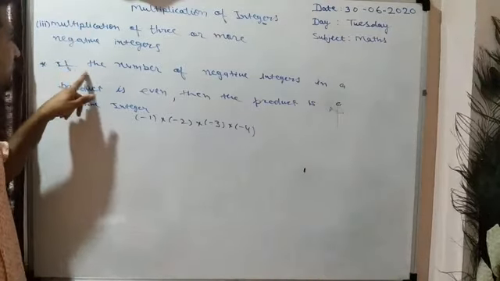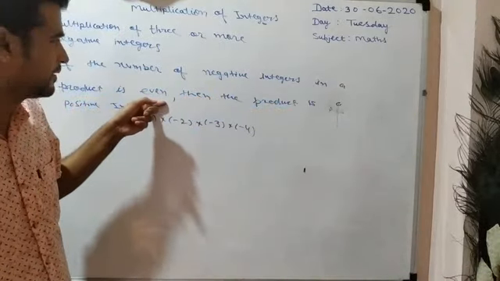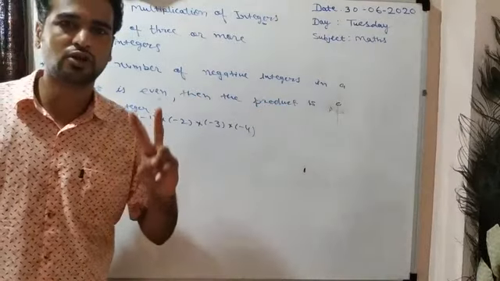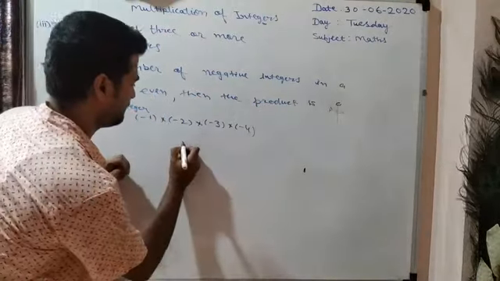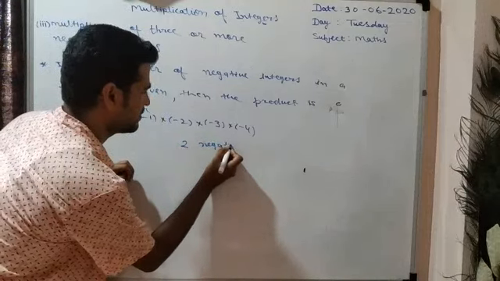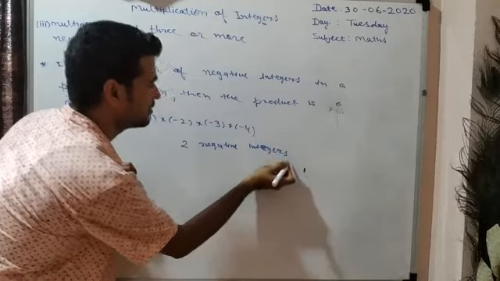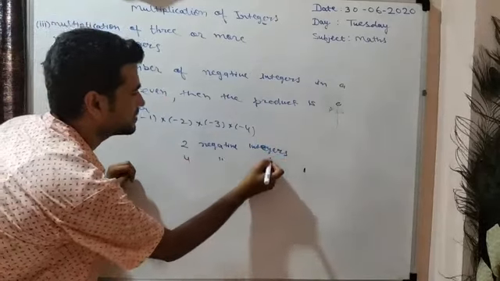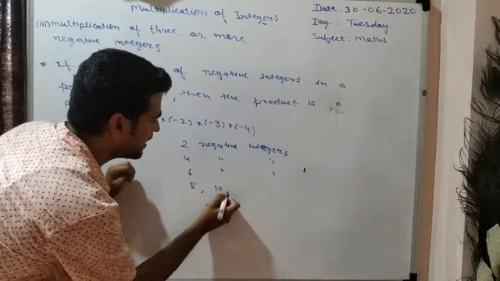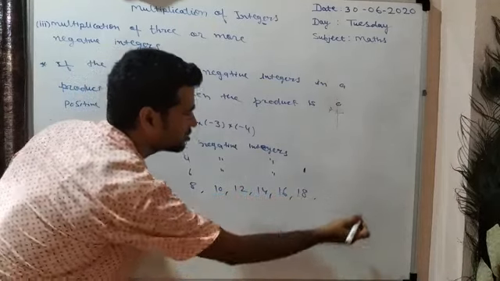Okay, if the number of negative integers in a product is even, it means we have a multiplication of two negative integers, four negative integers, 6 negative integers, 8, 10, 12, 14, 16, 18 and so on.